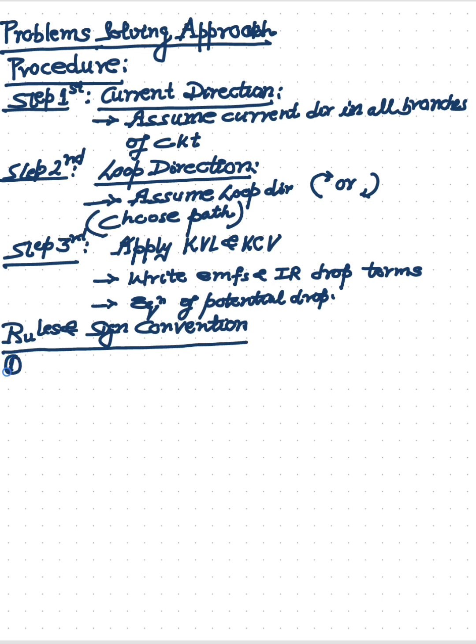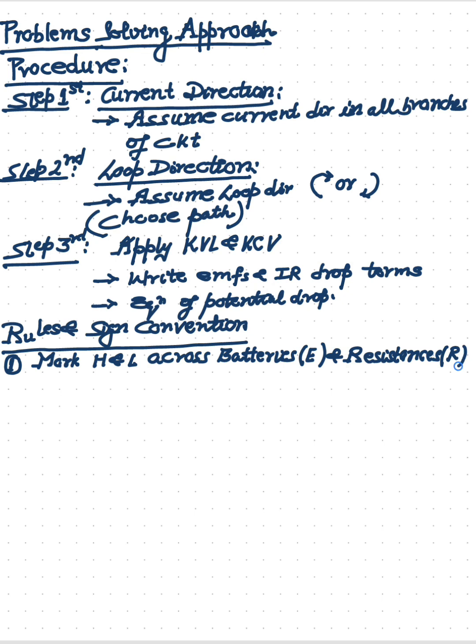First is mark H and L across batteries E and resistances R in the circuit, in each loop.